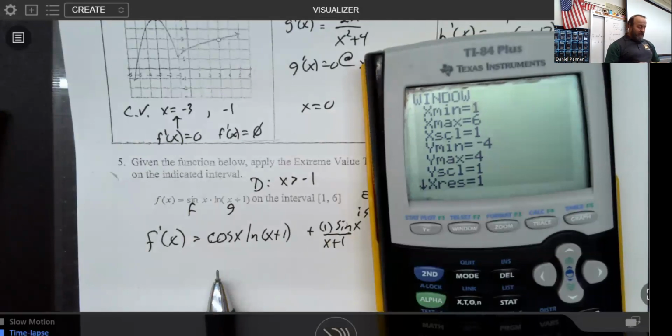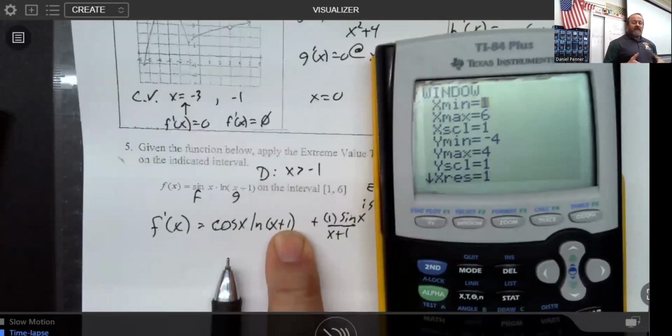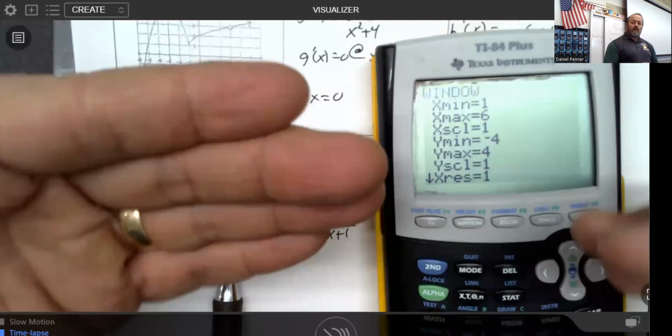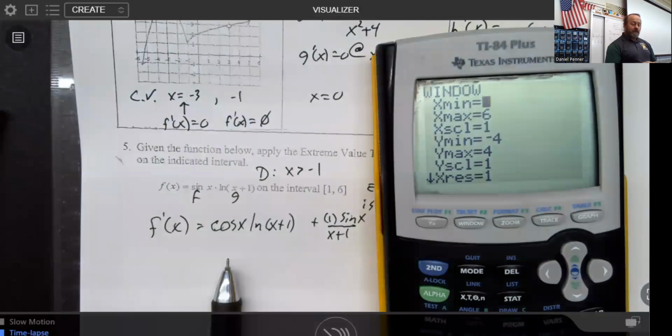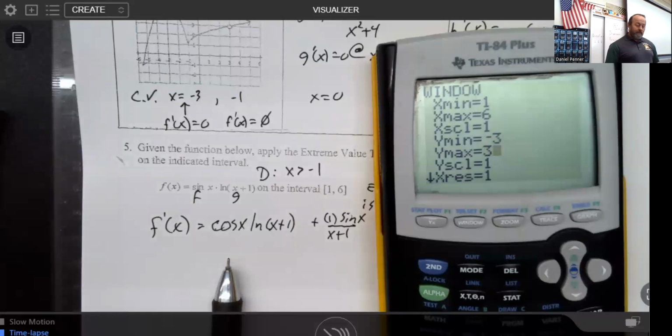And secondarily, the natural log of a number between 2 and 7 is not going to be very big. The natural log of 2 is point something. The natural log of 7 is a little less than the number 2. So I made a fairly small window because I can tell that these numbers are not going to be very big. In fact, I'm going to skinny it down even a little bit more.